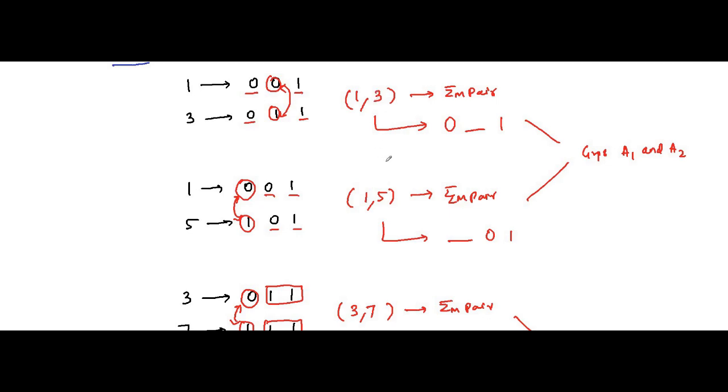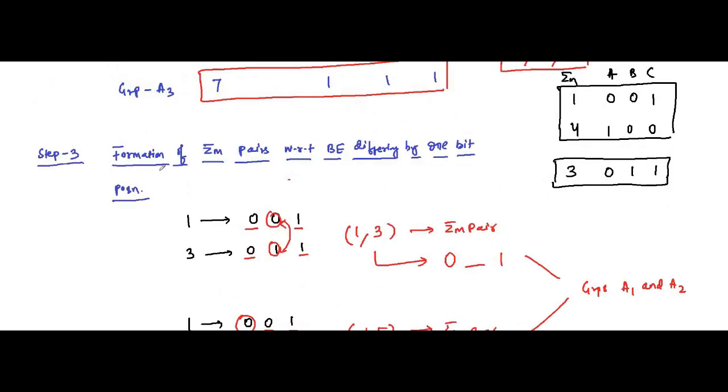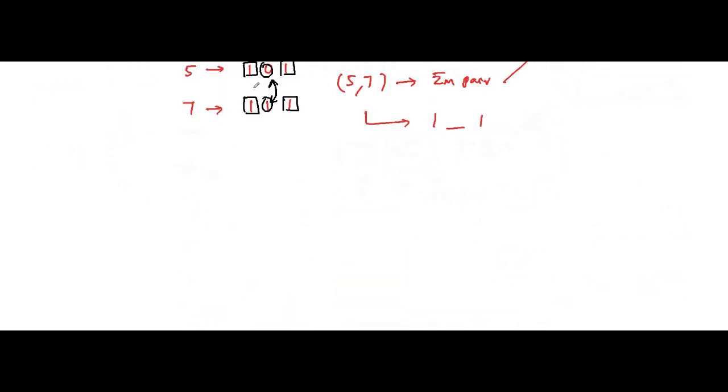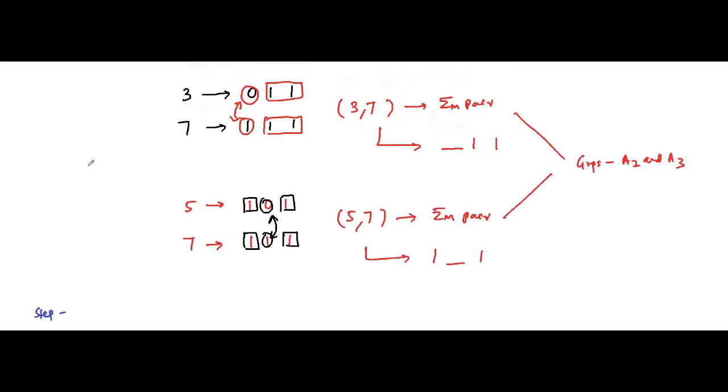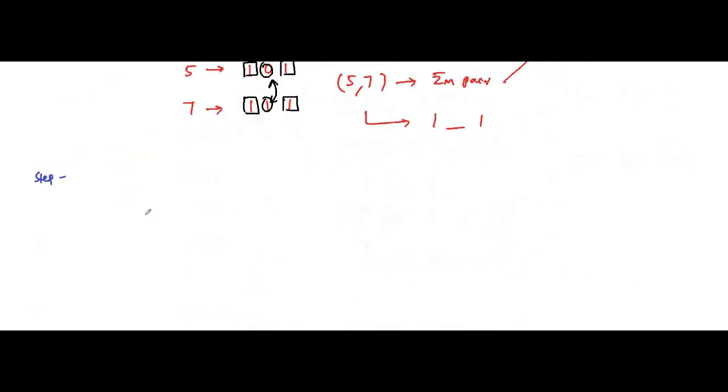So next is forming a table of minterm pairs. It is step number, I think, 4. Here I am explaining in detail, that's why it is taking some time, but once you understand it, I will be going quickly, without wasting any time.